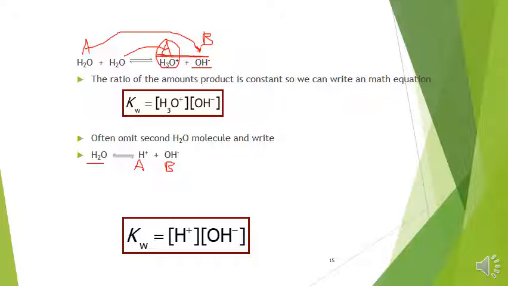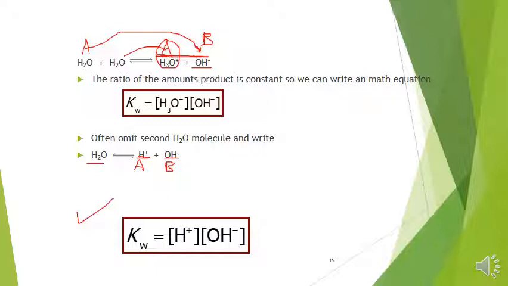If you think about that, this is the H plus, and it will combine with this OH minus. So this is the base, and this is the acid. What we want to look at is the ratio of the amounts of both the acid and base, and we come up with this equation here, which is called the equilibrium constant for water.